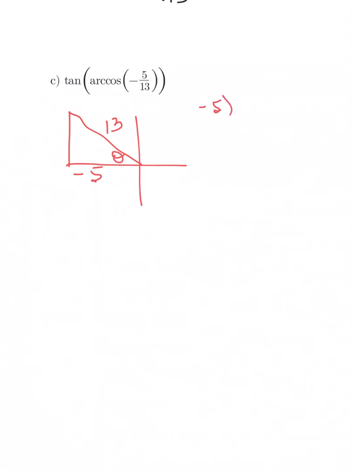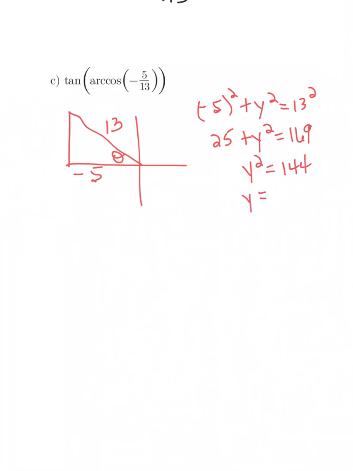Negative 5 squared plus y squared equals 13 squared. So we have 25 plus y squared equals 169. Y squared equals 144. So y has to be plus or minus 12.